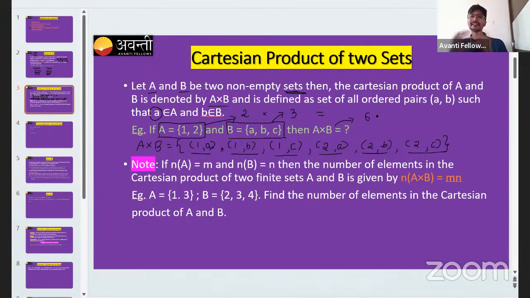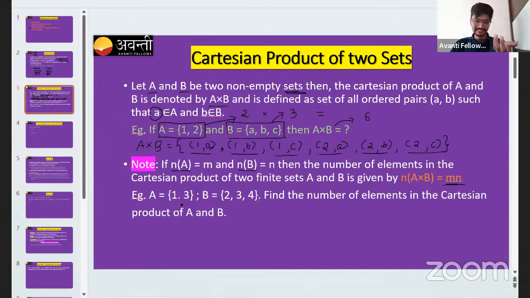So this is how we find the number of elements in a Cartesian product. The same is written here. If the number of elements in A is m and the number of elements in B is n, then the number of elements in the Cartesian product will be just m into n.